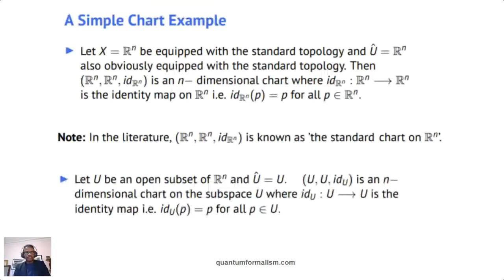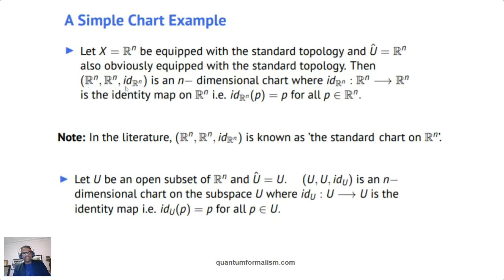Yeah. Okay. So here's a very simple example of an n-dimensional chart. By considering X to be Rn itself, obviously equipped with the standard topology, and then you identify the U hat as being Rn too. Why not? Obviously with the standard topology also.